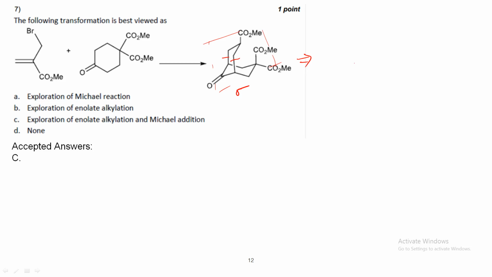That's why you can see after disconnection we have generated this molecule which also has the same sigma plane, and here also we have generated the synthon which is symmetrical. So here we need a positive, and here also we need a positive.